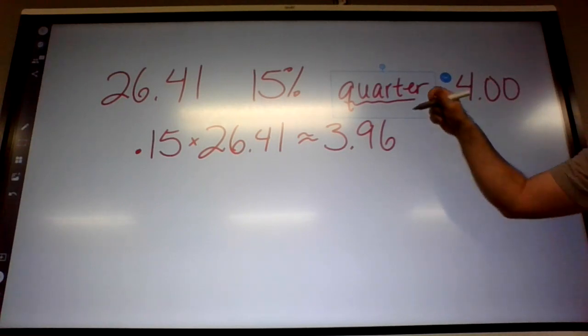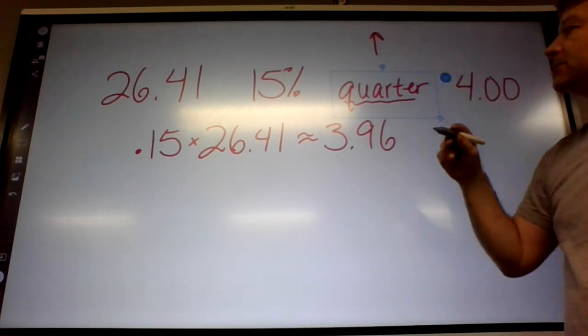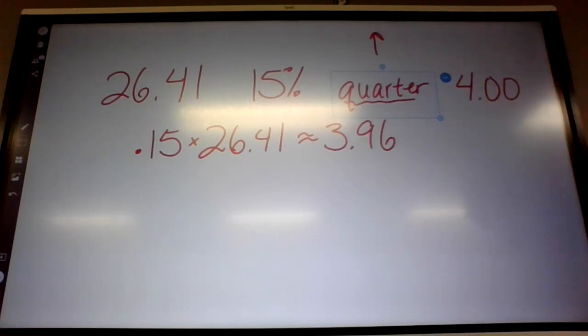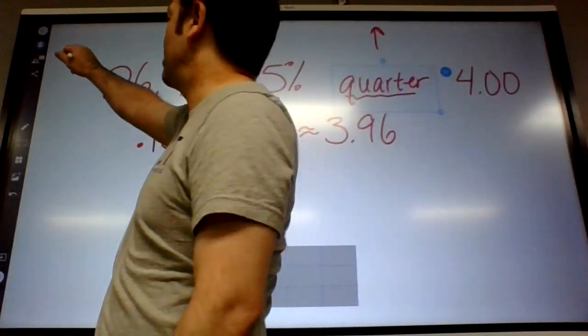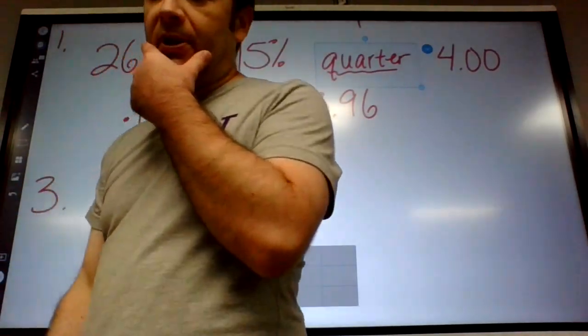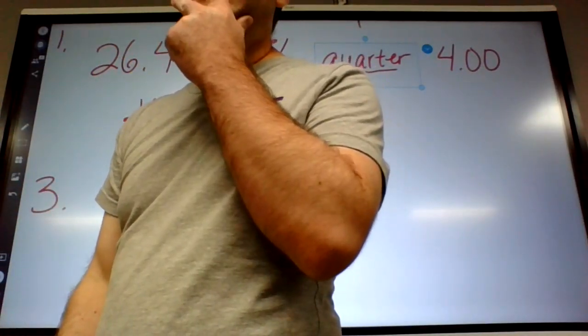You're always supposed to round up on this section. Even if it's like $4.01, we're going to round it to $4.25. So the answer is $4? $4, yes.